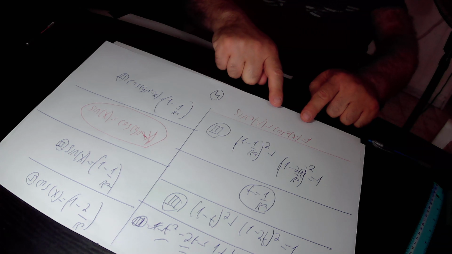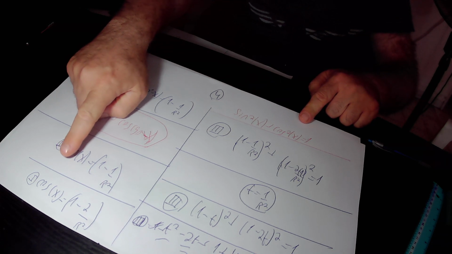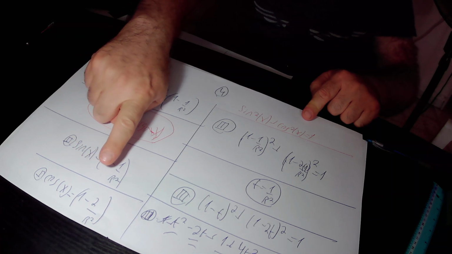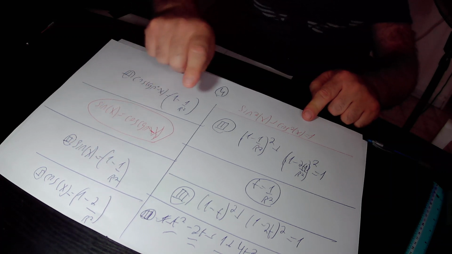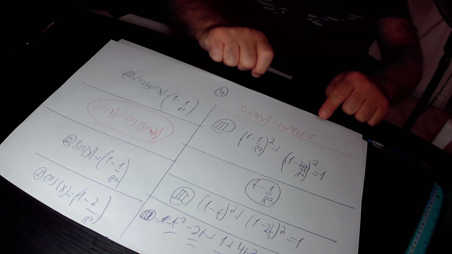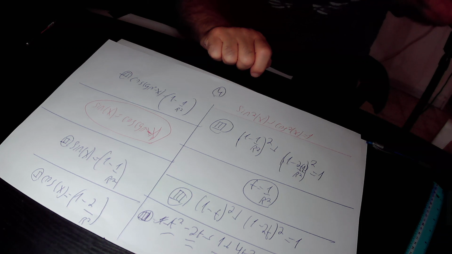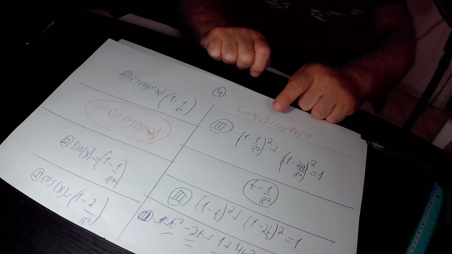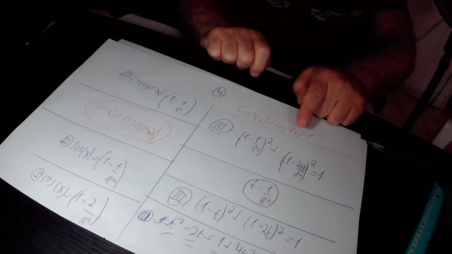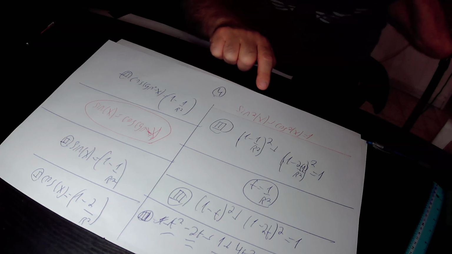And we have also plus cosine squared x. We know that cosine x, according to equation 1, equals 1 minus 2 over r squared, and therefore cosine squared x will be equal to (1 minus 2 over r squared) squared, and it equals 1. Okay, so we found out that (1 minus 1 over r squared) squared plus (1 minus 2 over r squared) squared equals 1, according to this trigonometric identity.